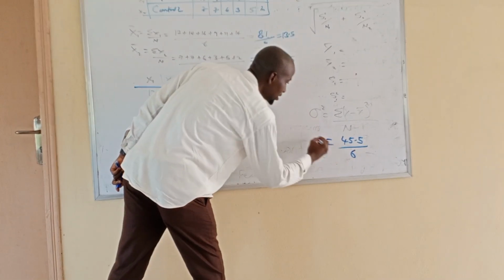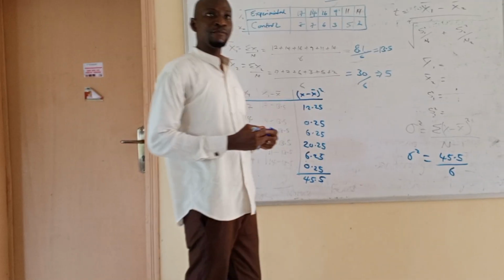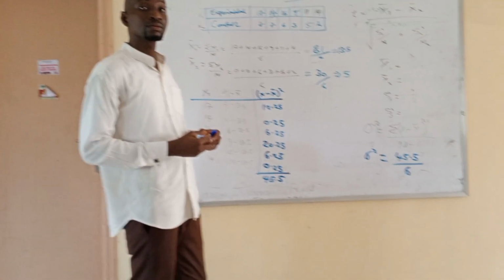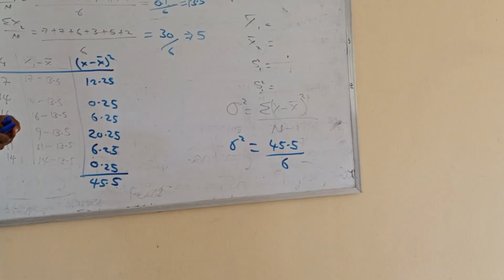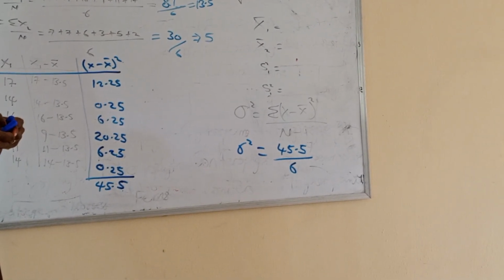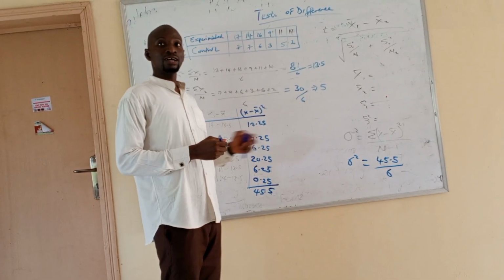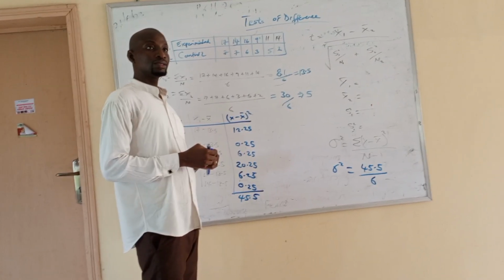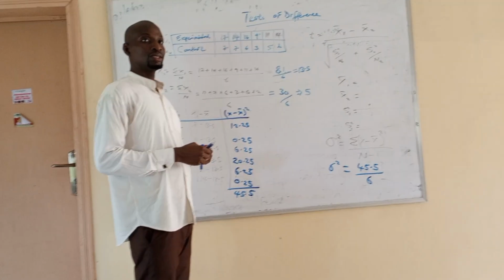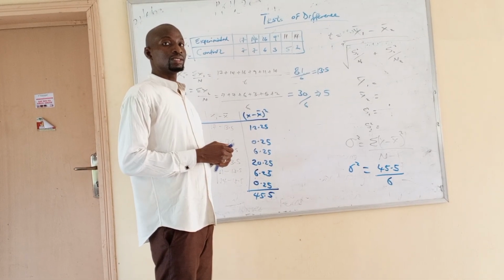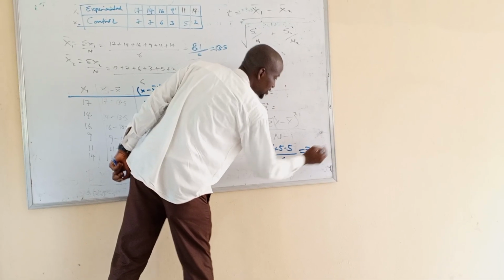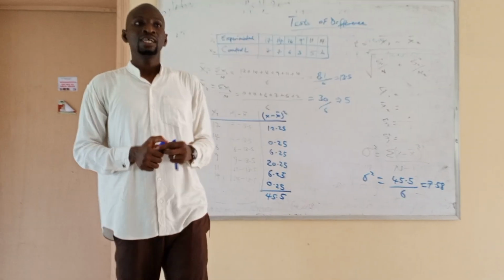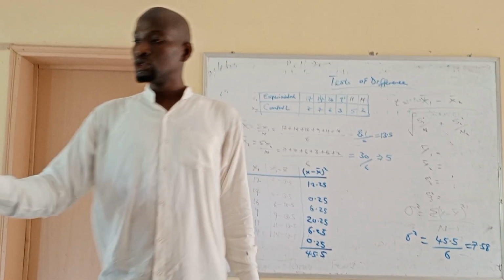So that means your standard deviation will be 45.5 divided by what? 45.5 divided by 6, and that will give you 7.58.